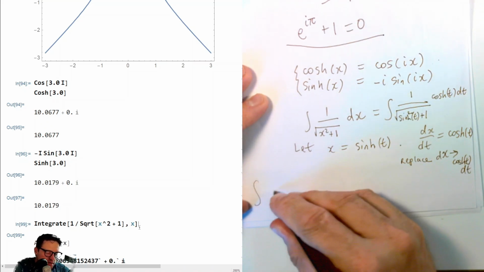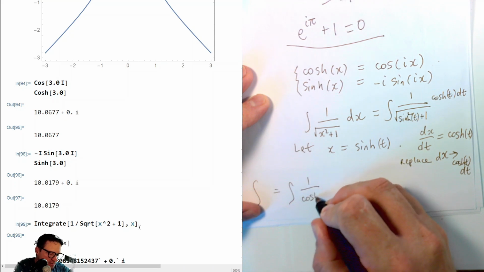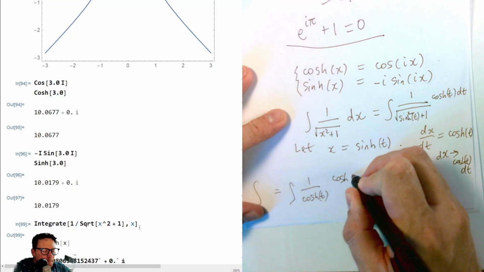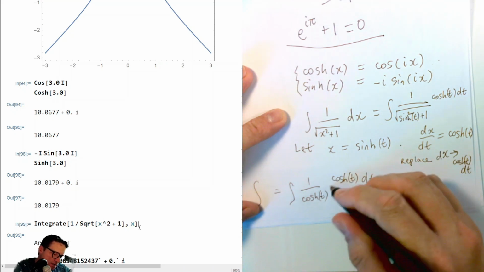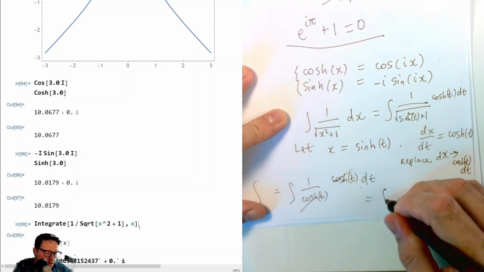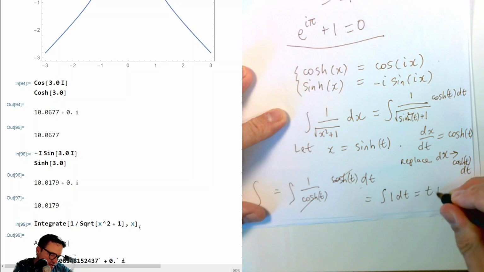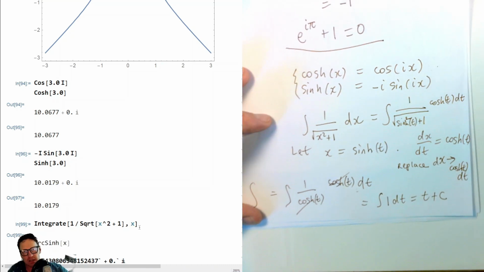So the integral is 1 over cosh t times cosh t dt. So we can cancel these, and that's the integral of 1 dt, which is t plus c. Okay, we're not quite done, but hey, it's really simple, isn't it?